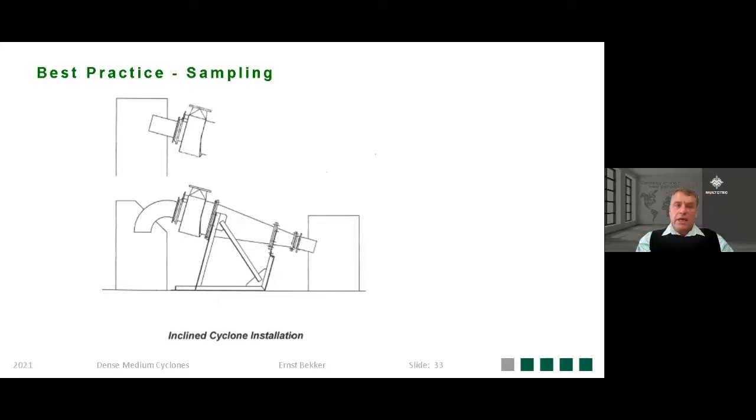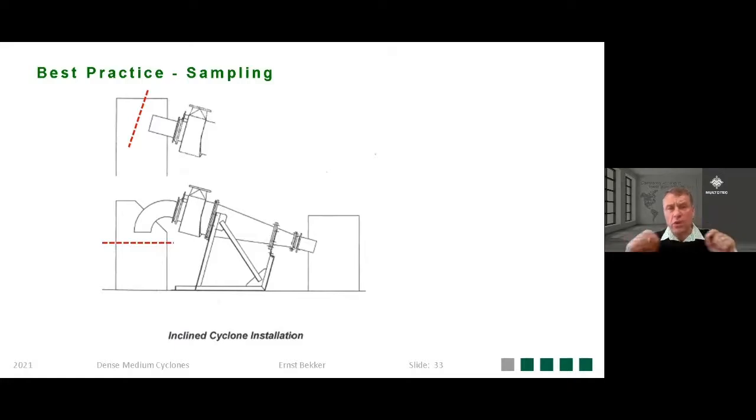Sometimes you may not be able to sample, or do not want to sample, from the discharge of screens. So you want to sample individual cyclones. The red lines just indicate how to sample through the streams exiting the cyclone, if ever you want to do that. One reason to do that is if you've got multiple cyclones discharging on the same screen.